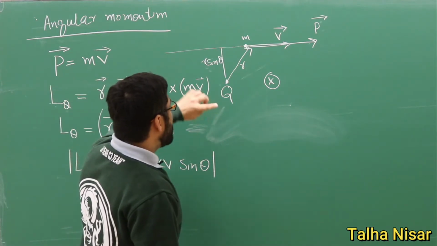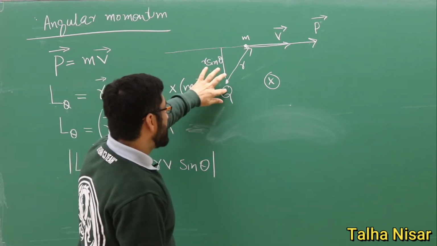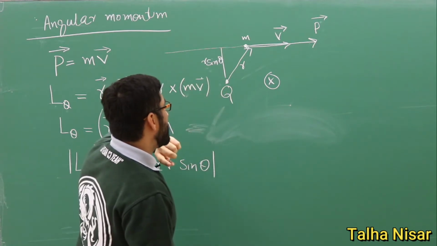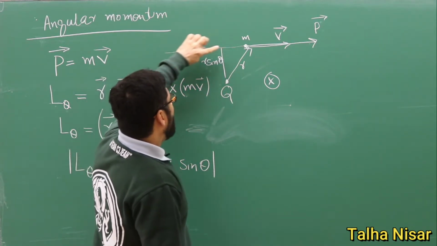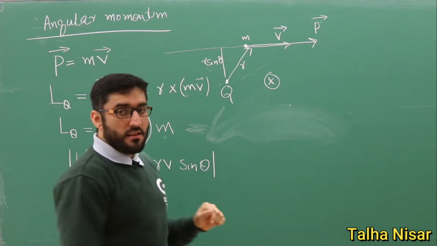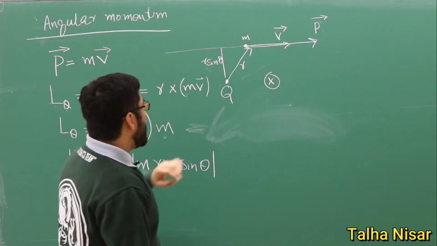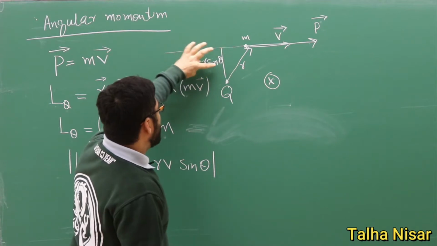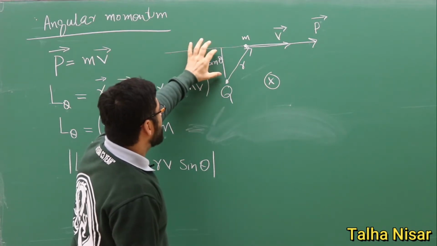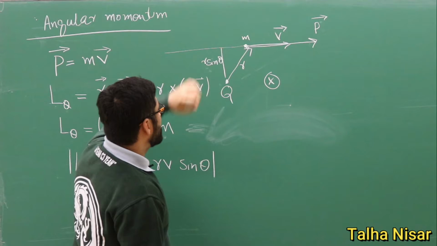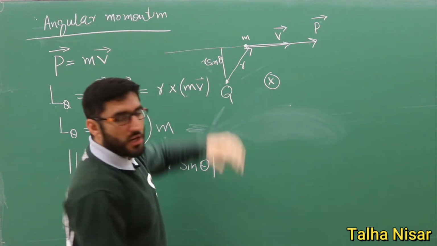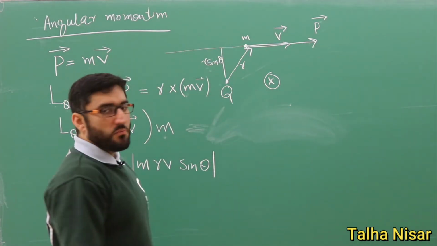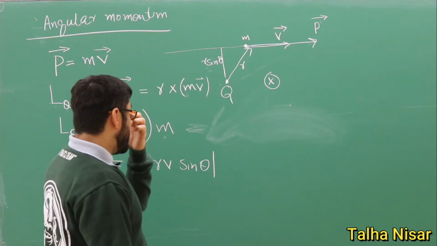Now, if we change this reference point, as we said, if we are on this line here, then the angular momentum is 0. Why? Because then we do not have this perpendicular component here. This component is 0, so the angular momentum is 0 here.